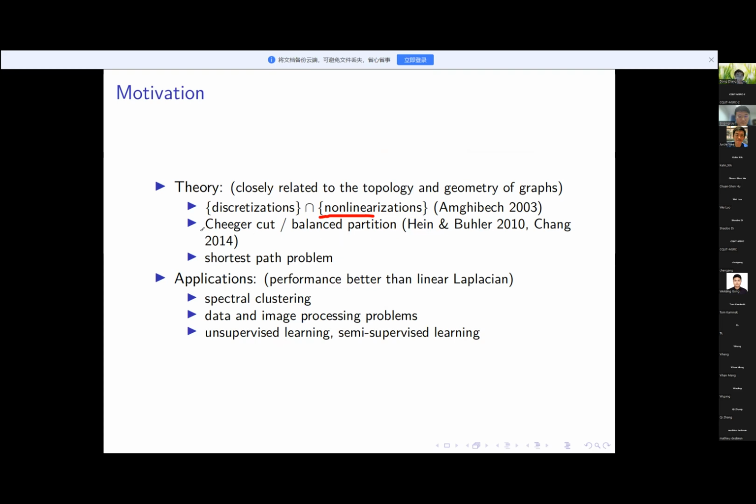like the Cheeger problem and the shortest path problem on graphs. And moreover, the graph p-Laplacian has many applications, including spectral clustering, image processing problems, and unsupervised and semi-supervised learning.